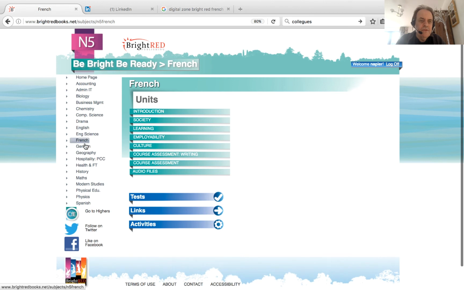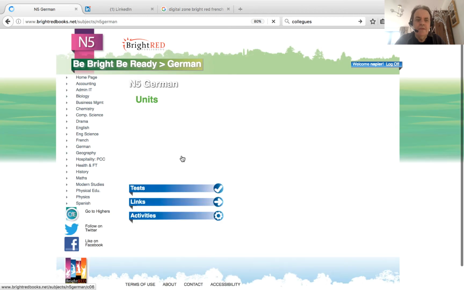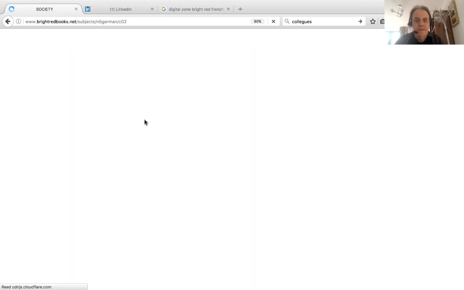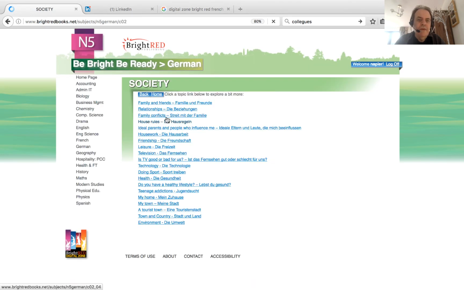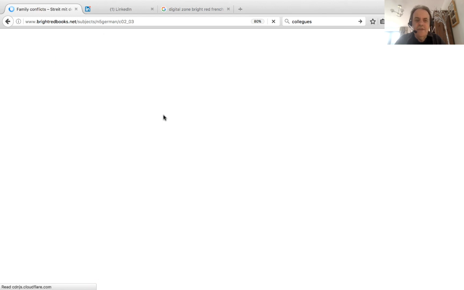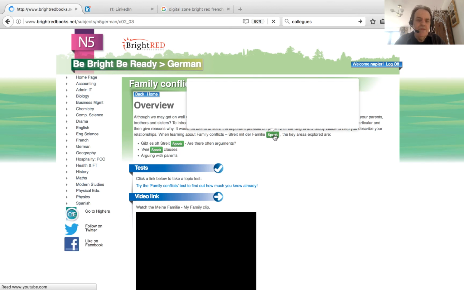So you should be able to go to the German subject. And again, we're looking at the cultural understanding of society, learning, employability, culture inside Germany. And then the elements that we have, each of the pages should show some speech using the German language.